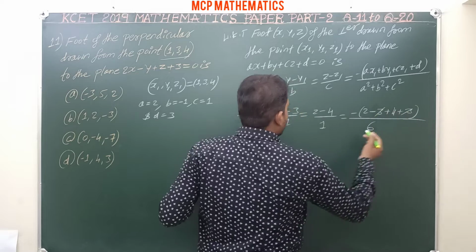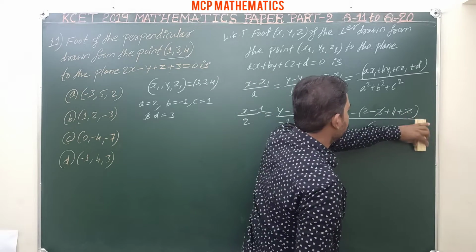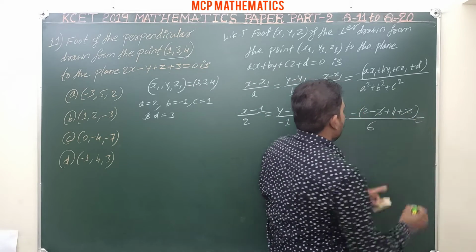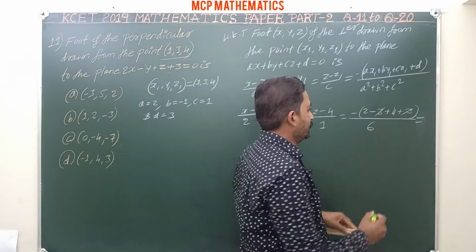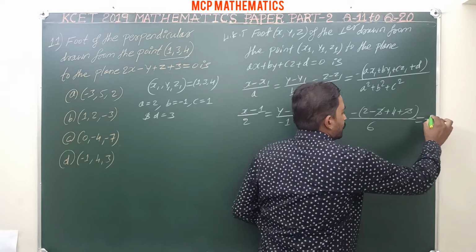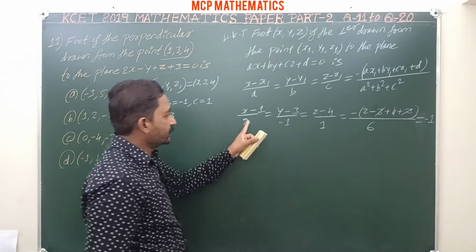Here plus 3 minus 3 cancel, it becomes plus 4 plus 2, 6, 6 by 6, minus 1. So this is the equation.